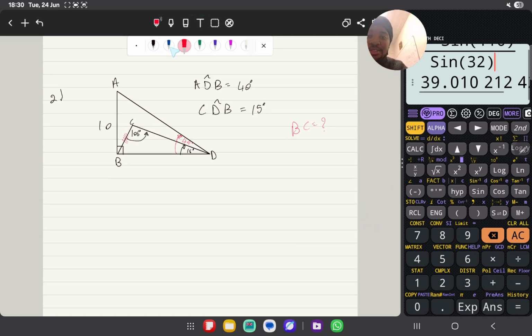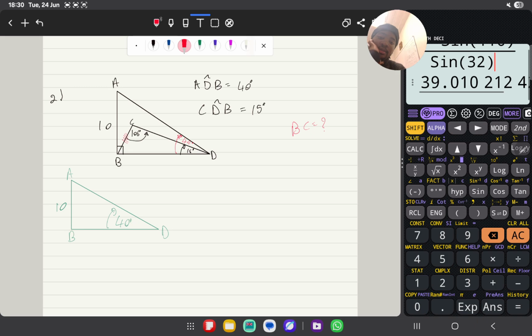right here is to say, okay, I have my first triangle, which is a right angled triangle, right? This is 10, this is A, this is B, and this is D, and the angle here is 40 degrees. That's what you have.